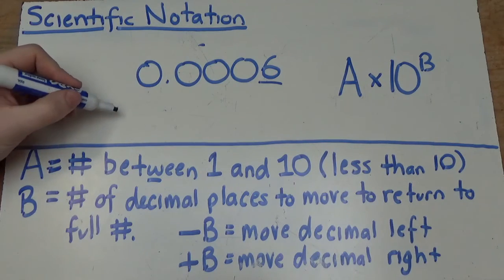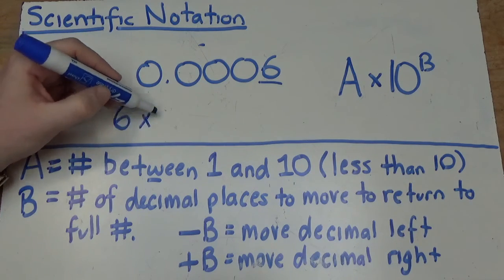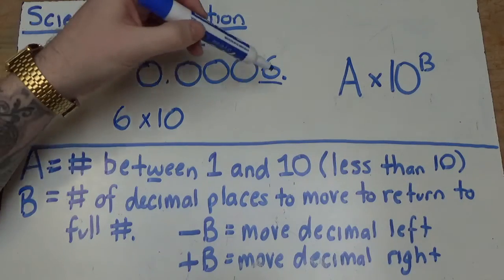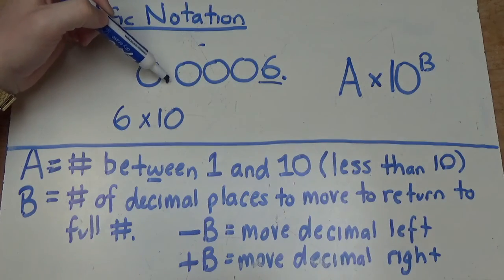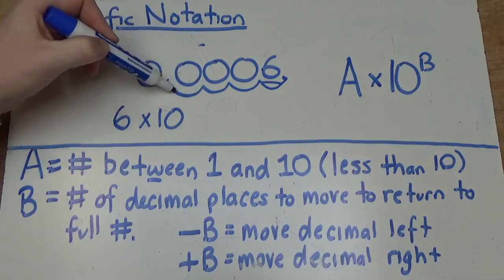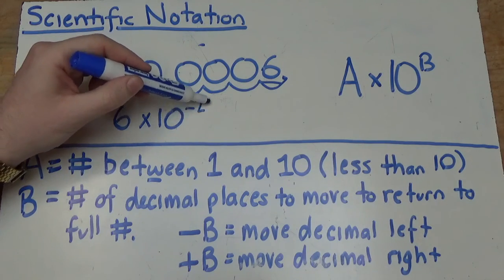So my A value is simple here. 6 times 10. And how many places do I have to move my decimal to get back to my original value? 1, 2, 3, 4. To the left, so -4.